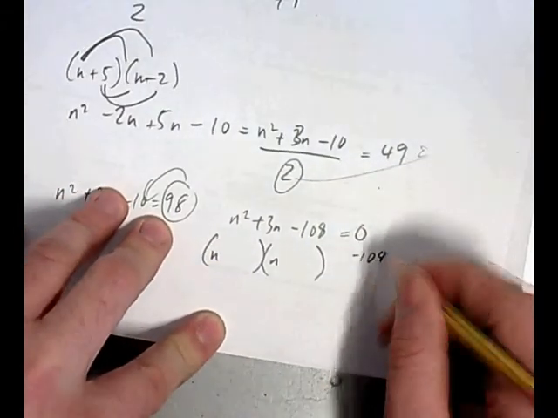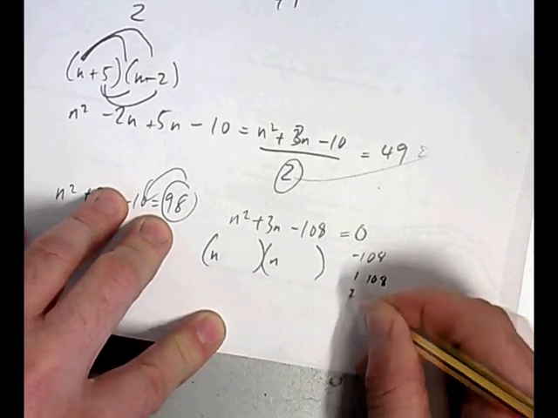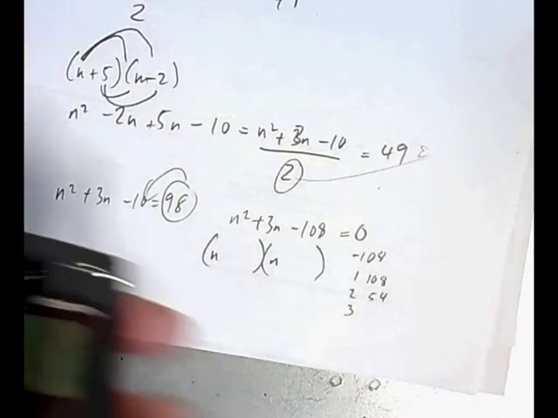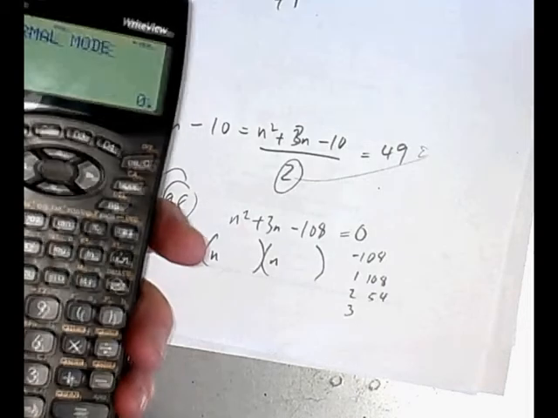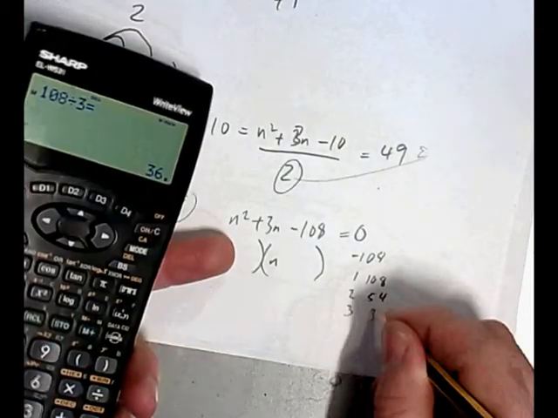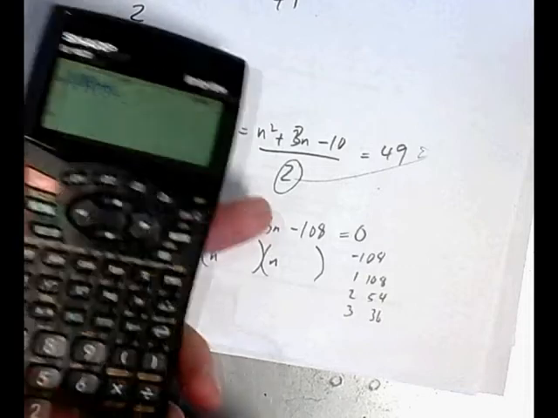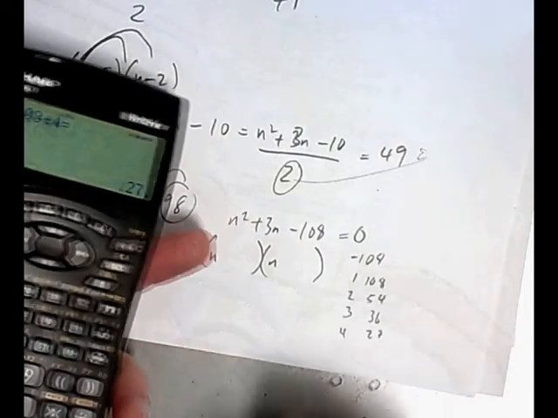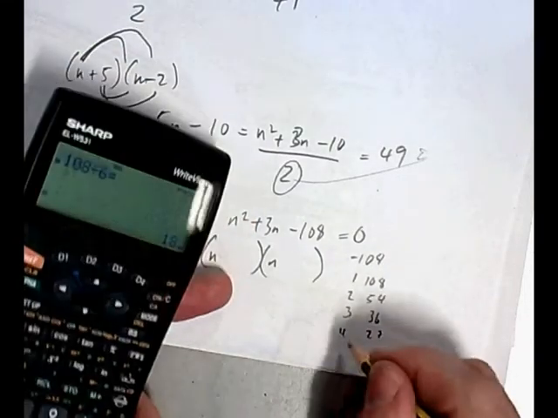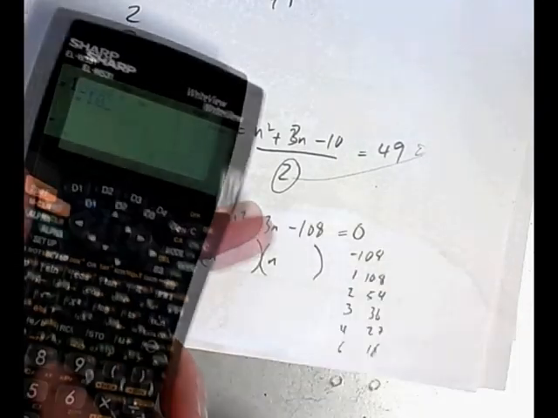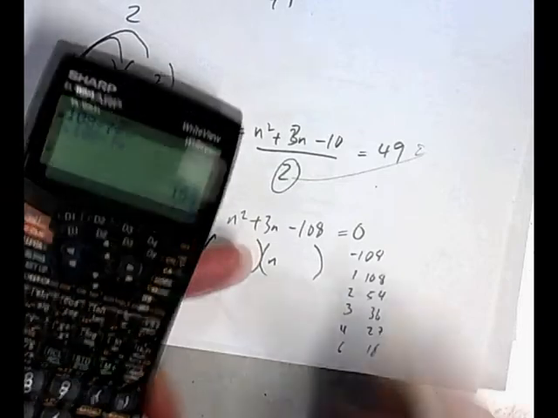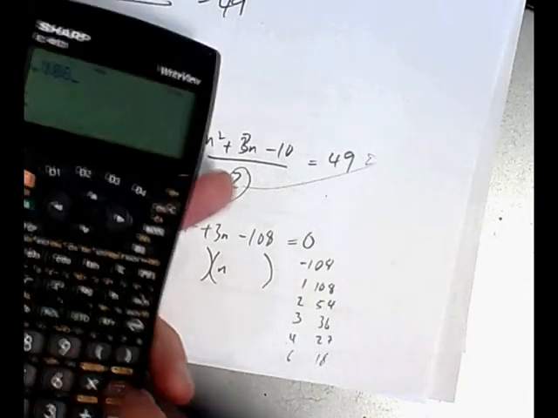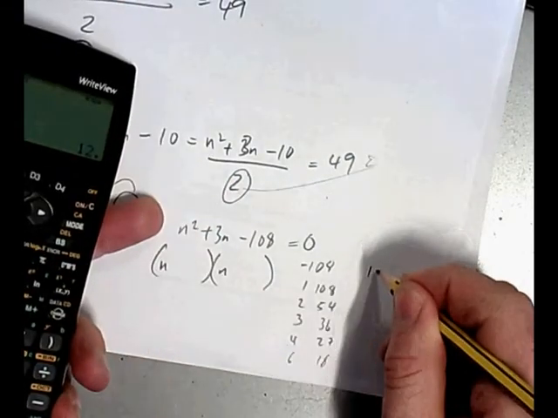Factors of 108, so 1, 108, 2, 54, 3, if you're not sure, like I'm not sure, because it's getting late in the Christmas term, 108 divided by 3 is 36, 108 divided by 4, half and half again, is 27, divided by 5 is obviously not going to work, 108 divided by 6 is 18, so 6, 18, 108 divided by 7 doesn't work, 108 divided by 8 doesn't work, 108 divided by 9 gives you 12, so I've got 9 times 12.